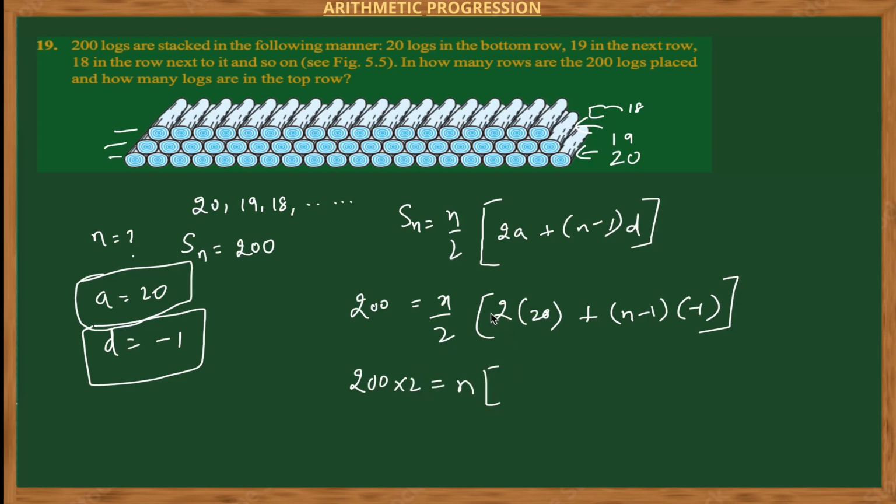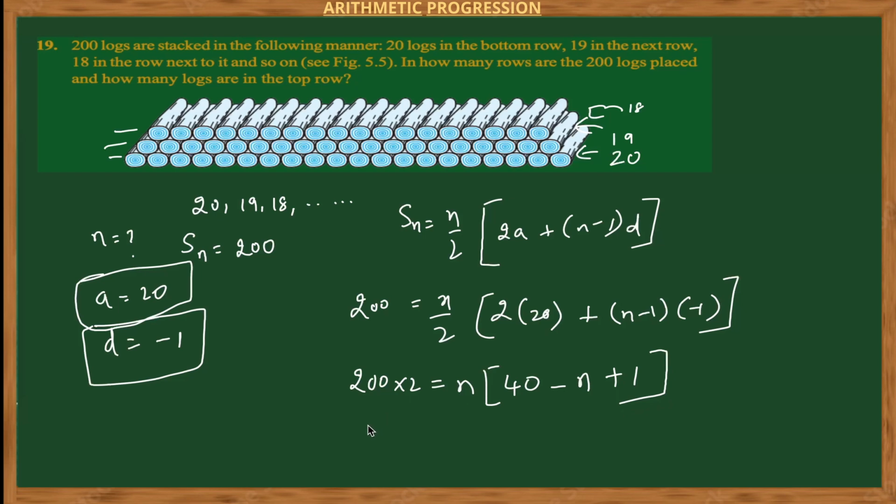So 400 equals n into 40 plus n minus 1 times minus 1. Let's multiply this: minus into minus becomes plus 1.